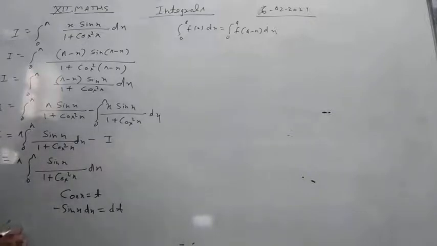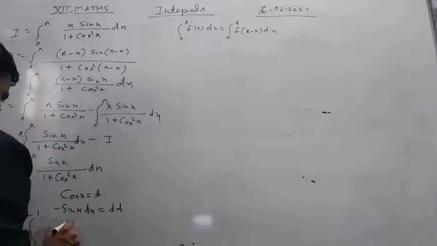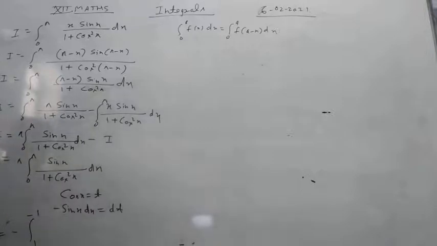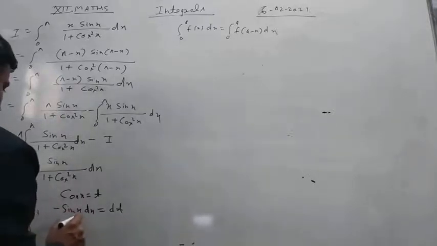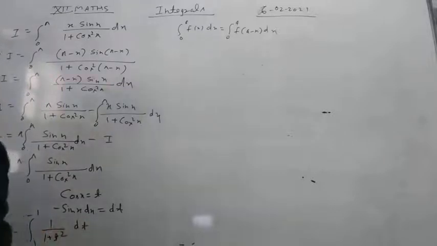We put 0 here, we get 1, and we put pi, we get minus 1. So students, this is sin x dx, dt by 1 plus t square, and this equals 2I, and here is pi.